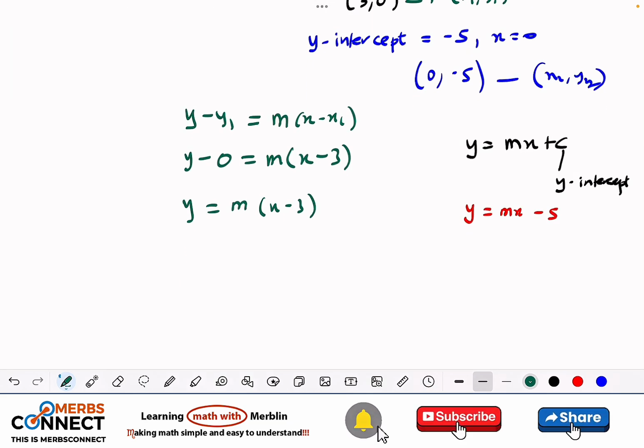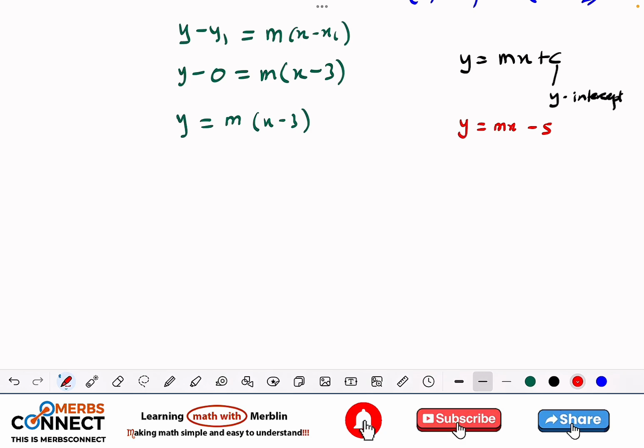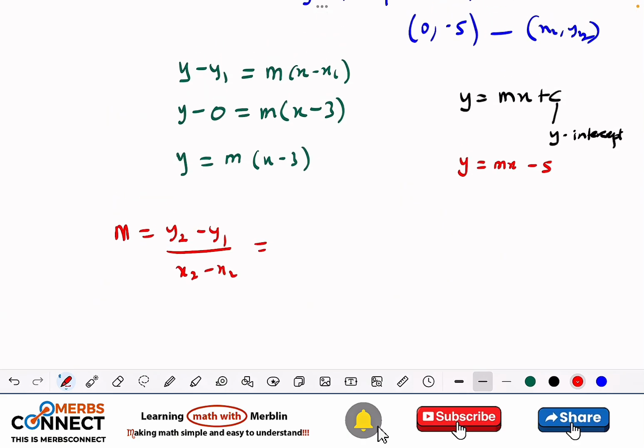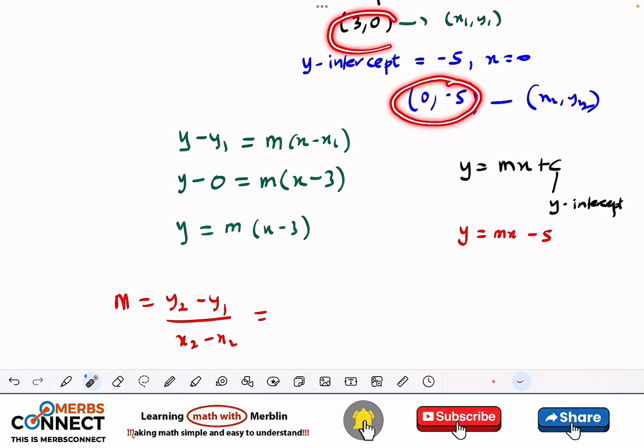But the question is, what is the formula for finding the slope, right? So one idea that we always need to look at is that we need to remember the formulas, right? So slope is equal to change in y divided by change in x. So what is change in y? We have this point here, we have this point here, right?